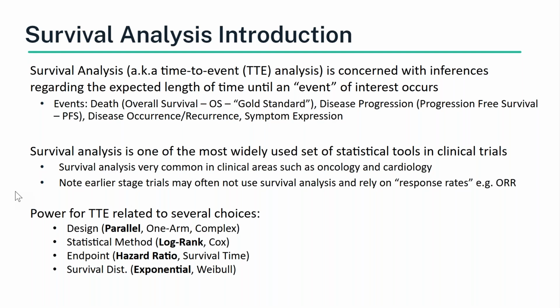calculating your sample size from events, which I'll touch on in a second. Each of these is going to affect your power or sample size calculations. Like I said, it's important to note that unlike your usual two-mean test, your power, or your information, is not driven directly by your sample size.